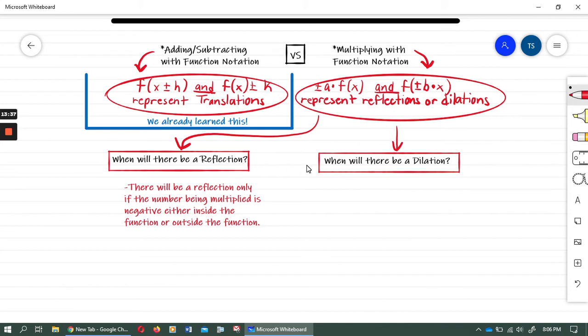It could be the number multiplied inside of the function, or the number multiplied outside of the function, but only if the absolute value of that number is not 1.